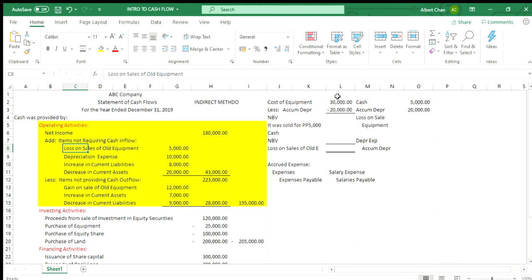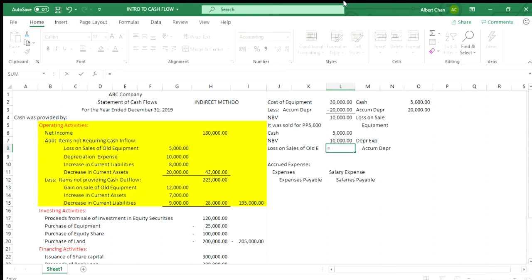Assuming the cost of equipment is 30,000 and your accumulated depreciation is 20,000, that means you have a net book value of 10,000. If it was sold for 5,000, assuming only, and the net book value is 10,000, that means you have a loss of 5,000.